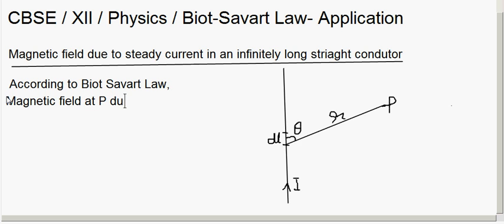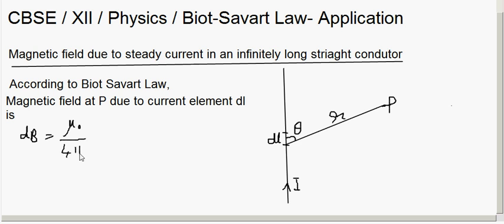Only the magnitude I am writing: dB is equal to mu naught by 4 pi, I dl sin theta, divided by r square. Now this is the magnetic field due to a small current element dl.